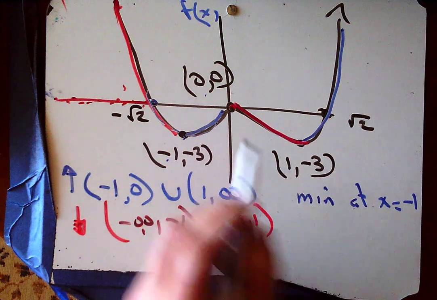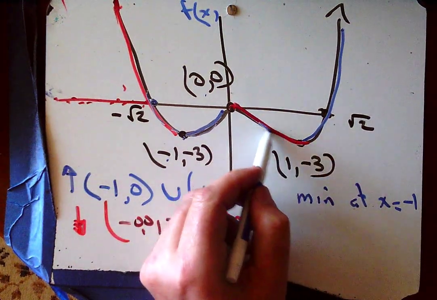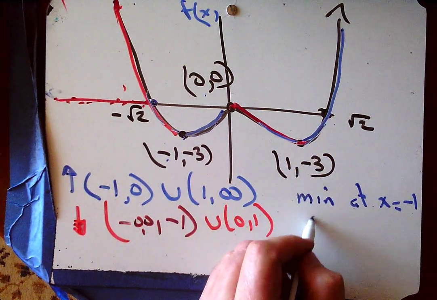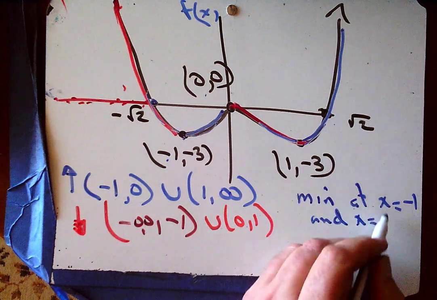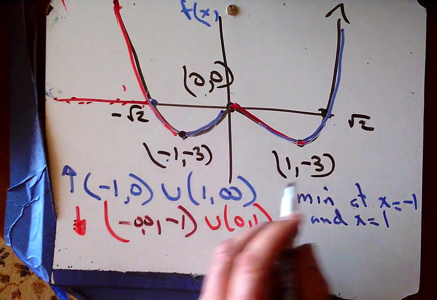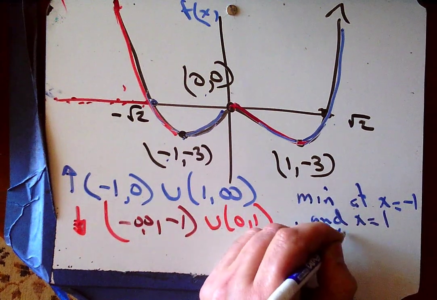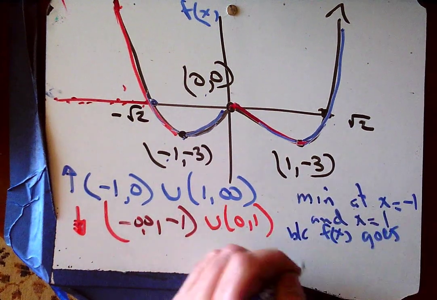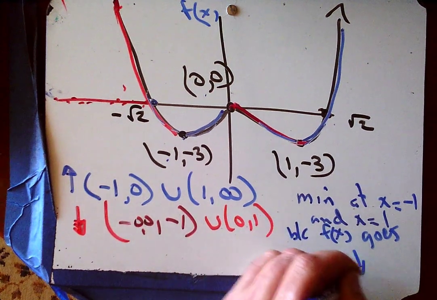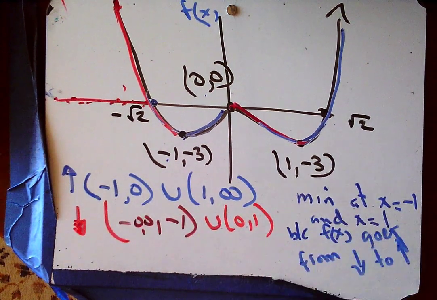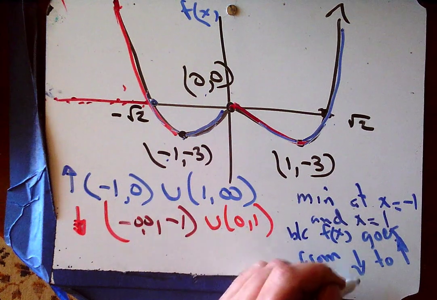And where else do I have a min? Over here, when we go from decreasing to increasing, +1. And if I needed to explain why, I'd say because f of x goes from decreasing to increasing at those points.